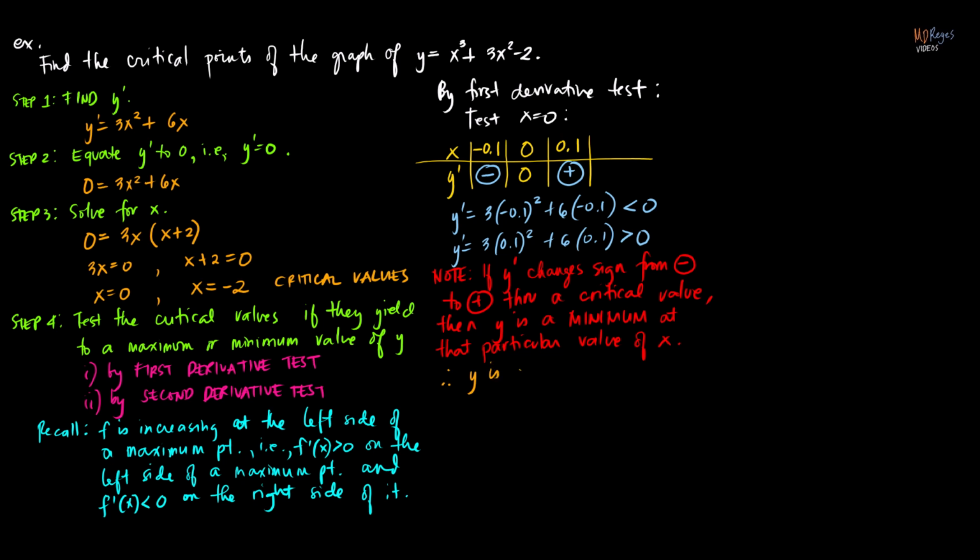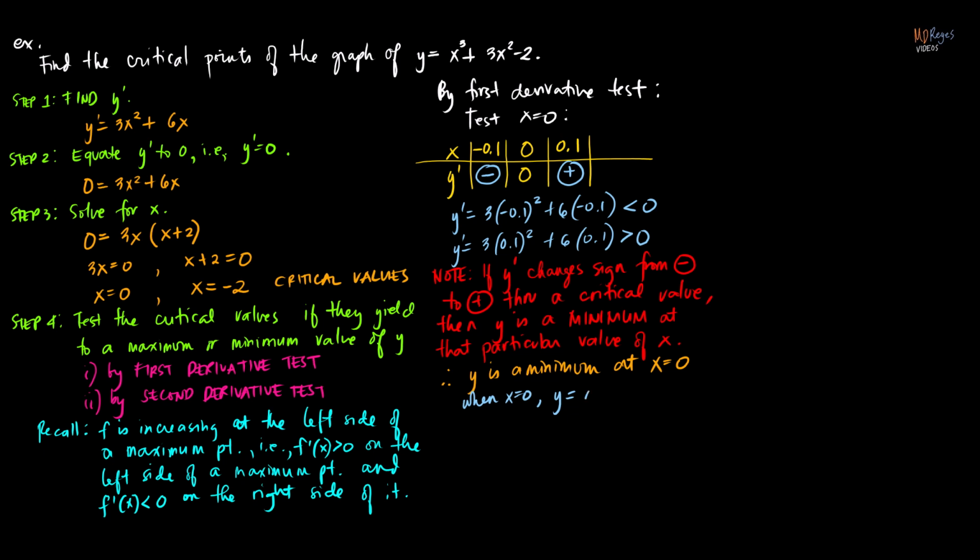Therefore, y is a minimum at x equals 0. So 0 is the x-coordinate of a minimum point of the graph of the function. So we are looking for the critical point, so we need the y-coordinate of 0. When x is 0, what is the value of y?